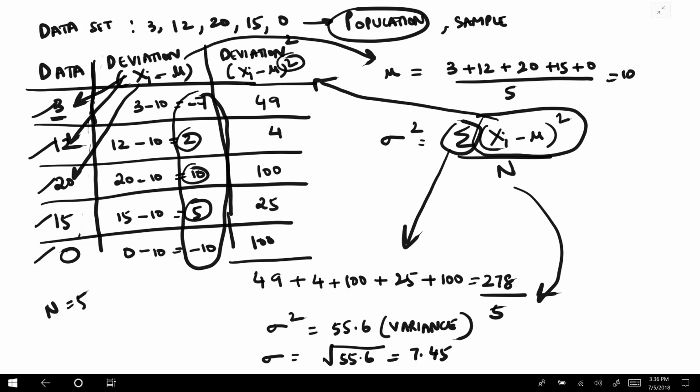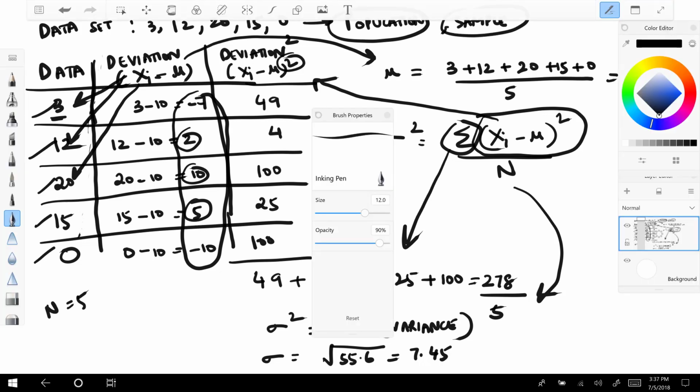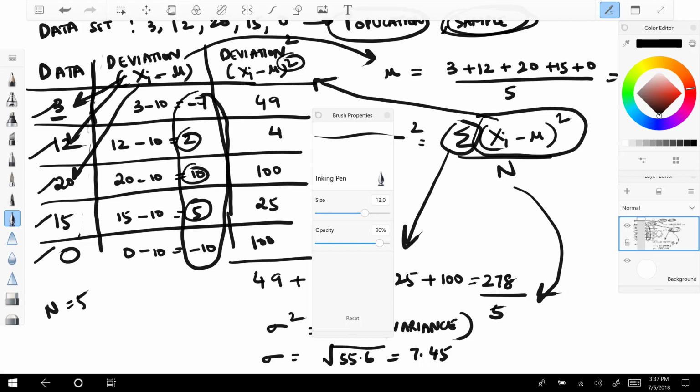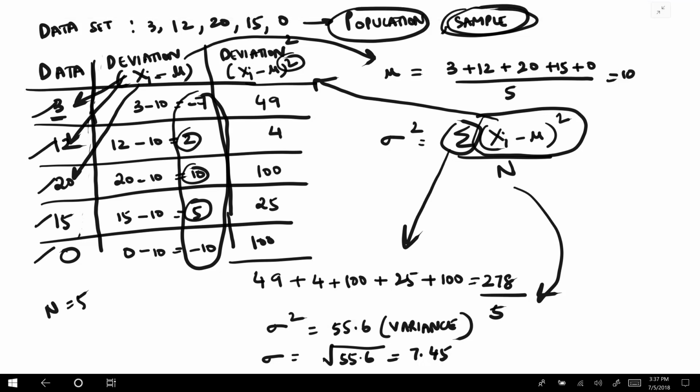So for sample, if we want to do the same thing, mu is replaced by x bar, so the mean will be the same.